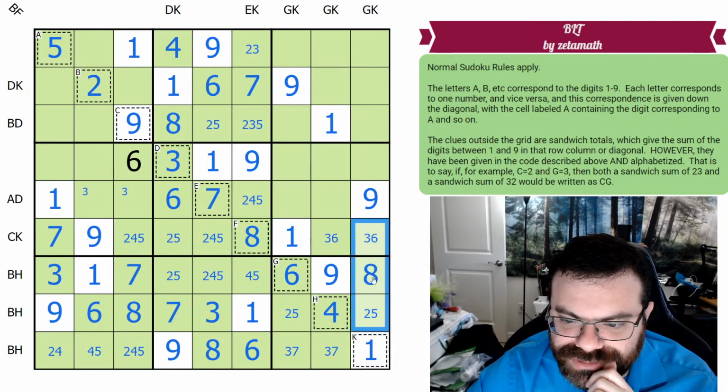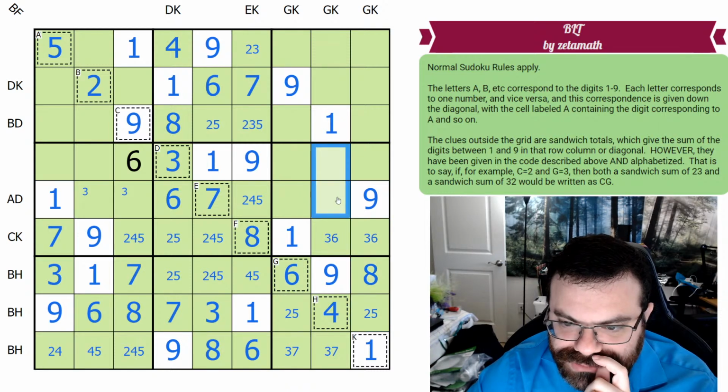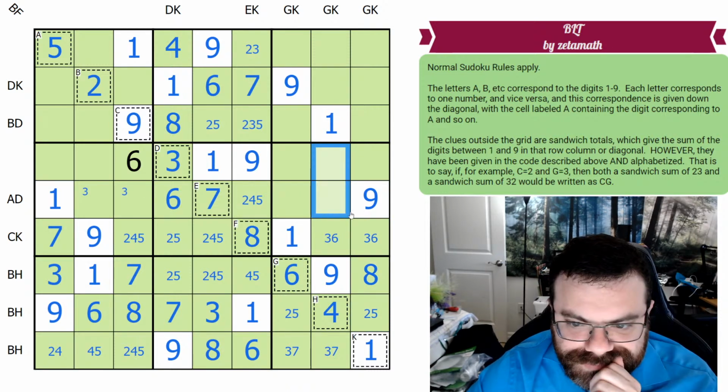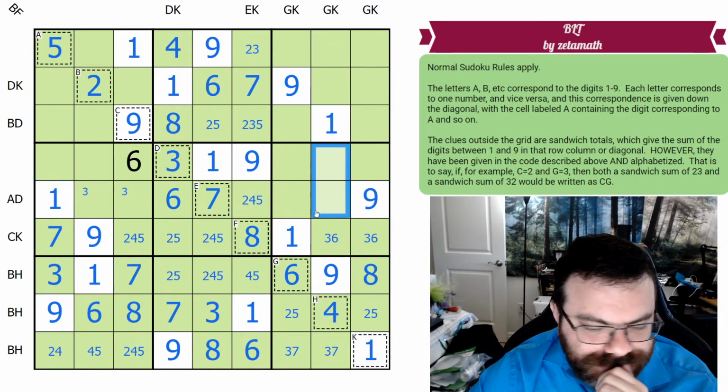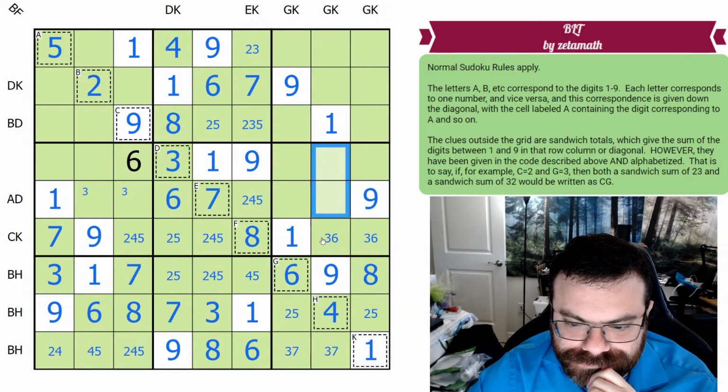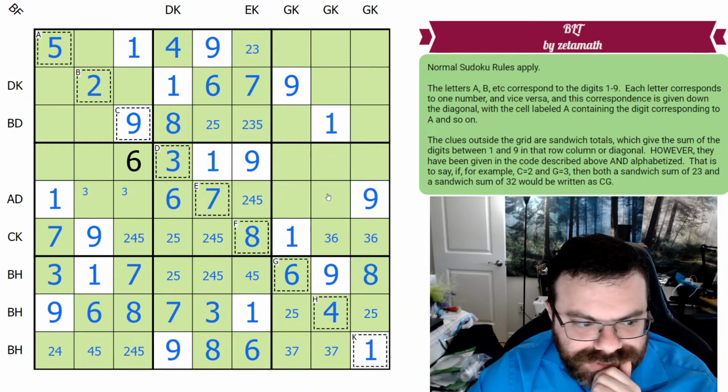I haven't done these vertical ones at all, which are... Well, I kind of did this one. They're 17. 16, I mean. So... How do I want to do this?